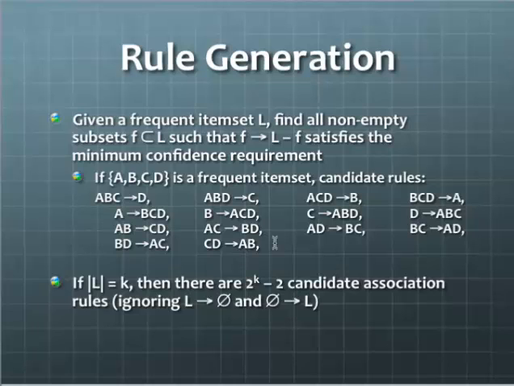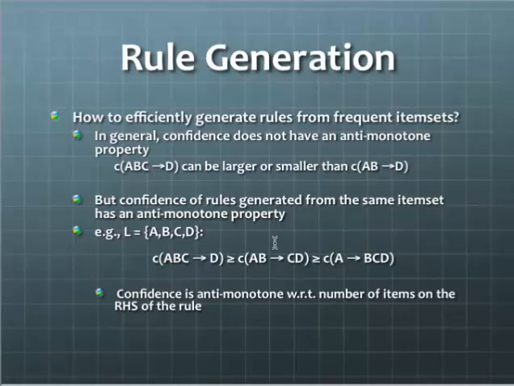So specifically, how do we efficiently generate rules from the frequent item set? In general, unlike the support measure, the confidence doesn't have any monotone property. For example, the confidence for the rule ABC to D can be larger or smaller than the confidence for the rule AB to D. But the confidence of rules generated from the same item set has an anti-monotone property.